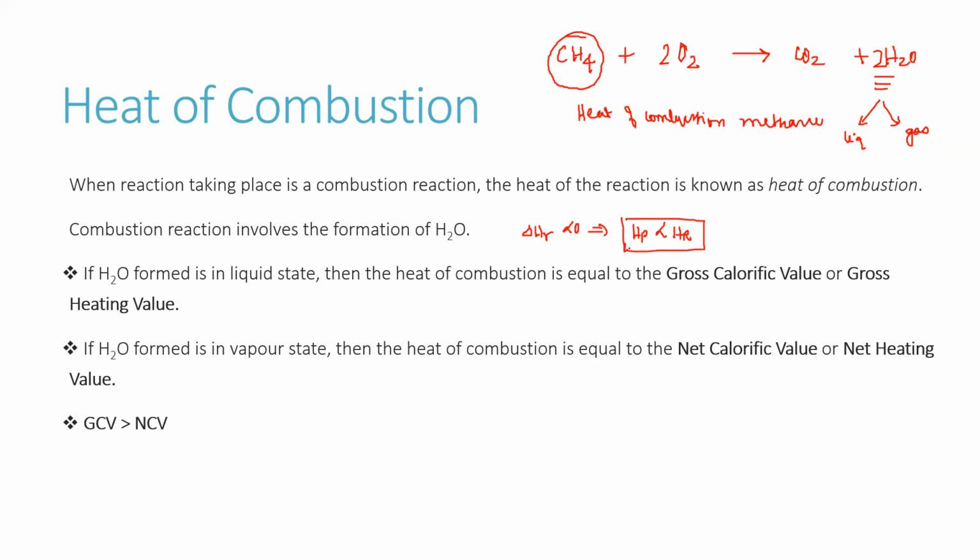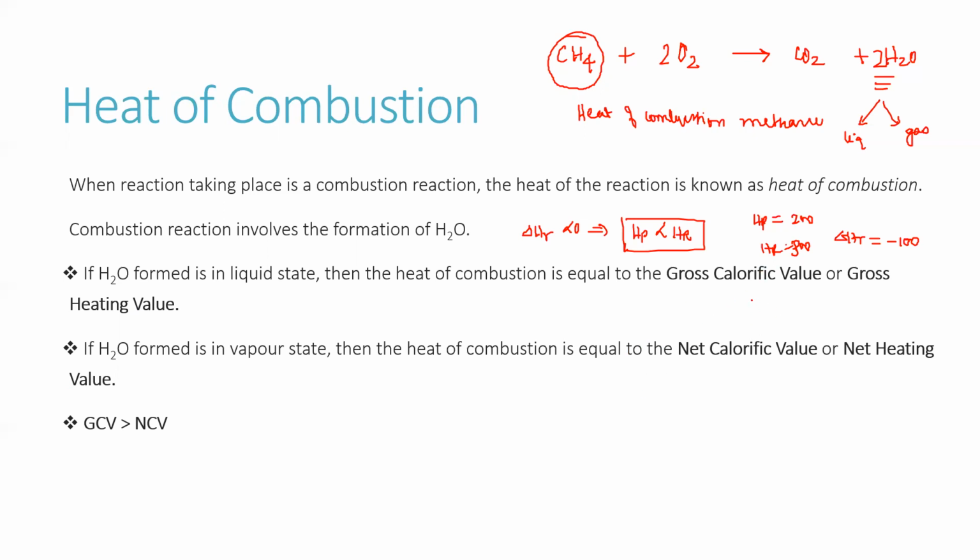Now, the greater is the difference between HP and HR, the greater is the heat released. If you have HP equal to 200 and HR equal to 300, then the heat of the reaction is going to be minus 100. That means 100 joules of energy has been released.